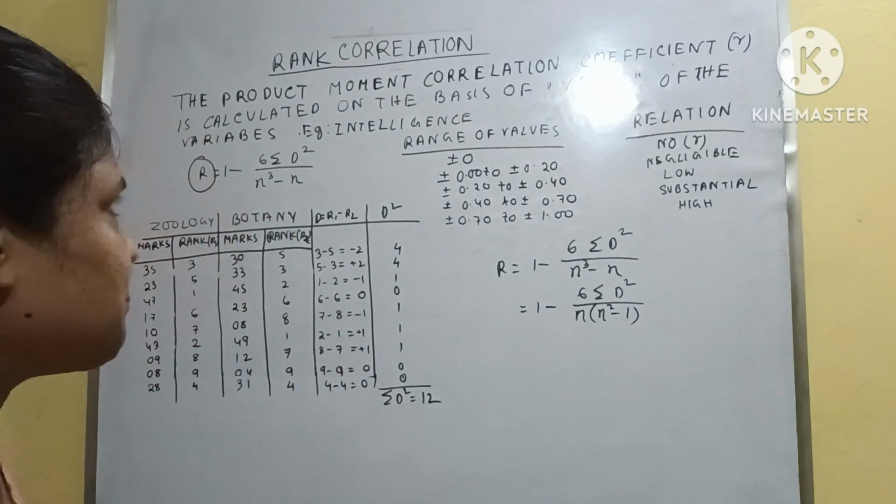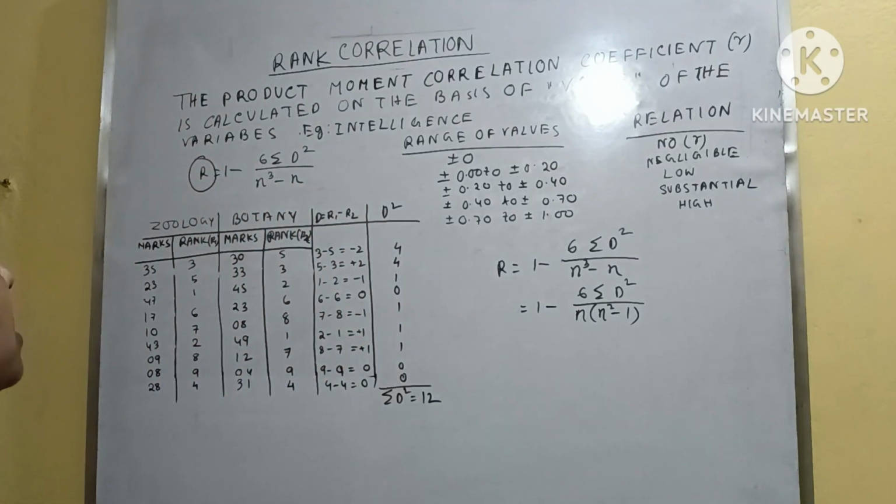So what is rank correlation? Rank correlation is the product moment correlation coefficient calculated on the basis of the value of the variables.